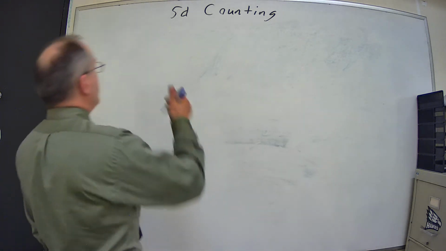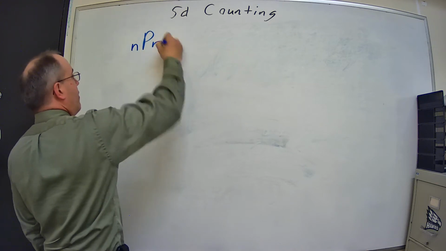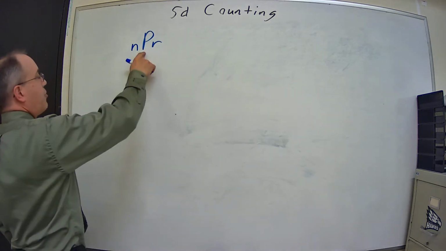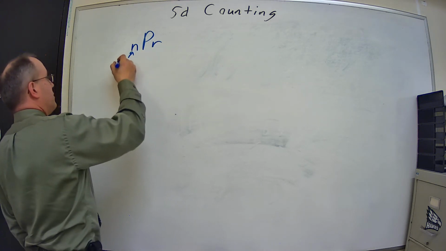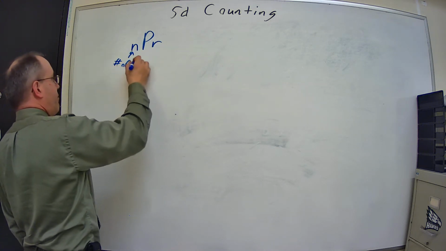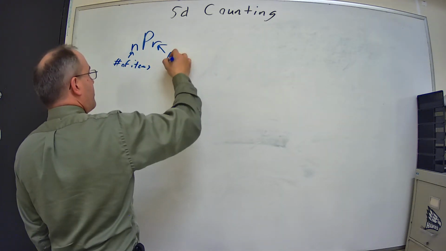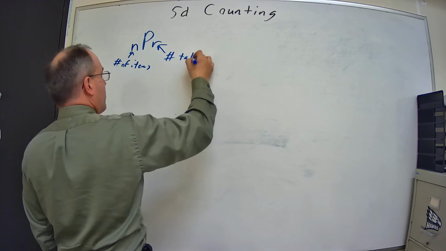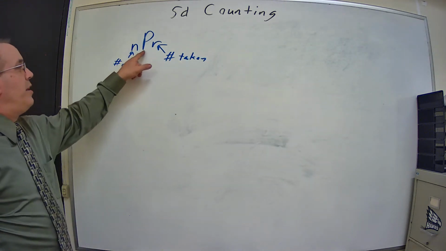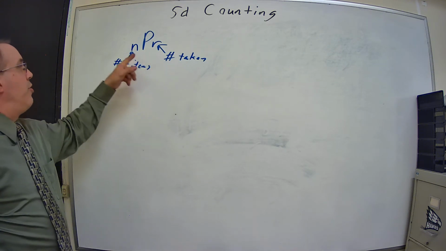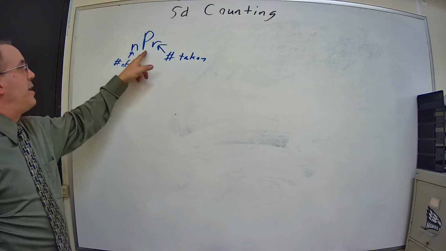So when you're dealing with permutations, we use nPr. P stands for permutations, n is the number of items, and r is the number taken. So n items permuted r at a time. So if we have 8 items and we're only taking 3 of them, 8P3.